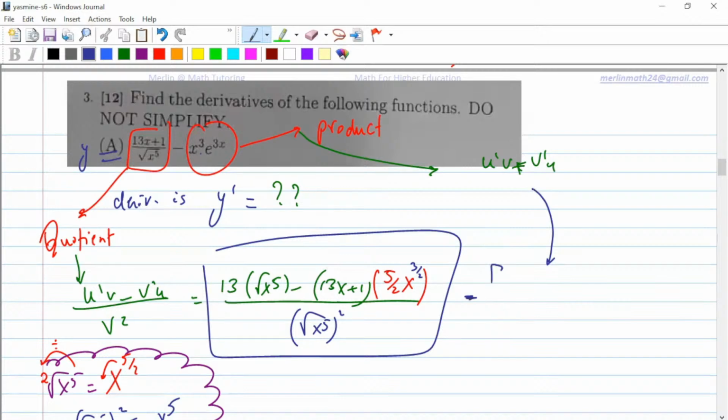There's a minus, open bracket. Now you want to do u prime v plus v prime u, right? The cube derivative is going to be 3x squared times e power. Plus deriving the e is itself times the derivative of the top, which is a 3, times the u, which is x cube. Any question?